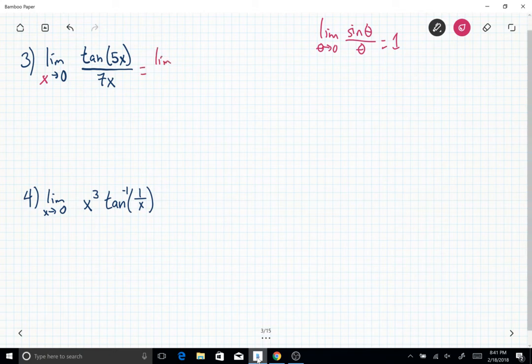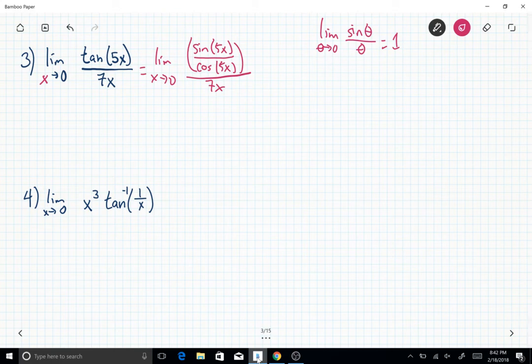This is the limit as x approaches 0 of sine of 5x over cosine of 5x, all over 7x. So that's not perfect, but it can do the trick for us.